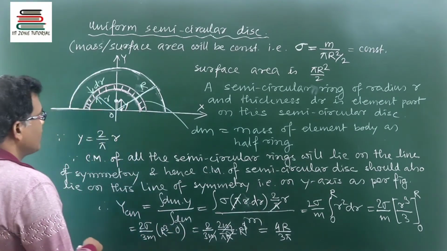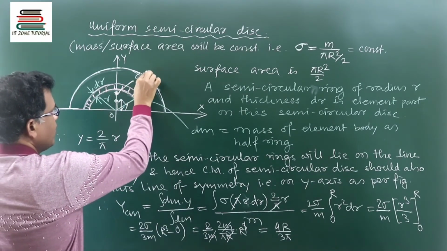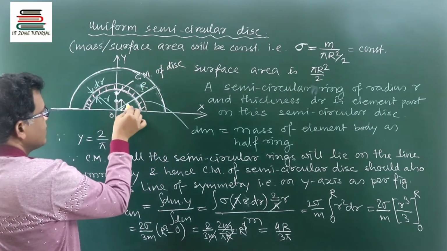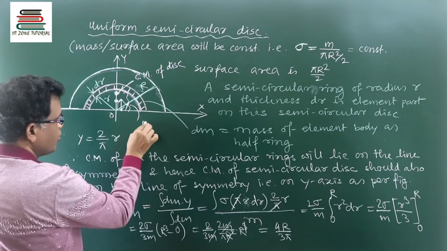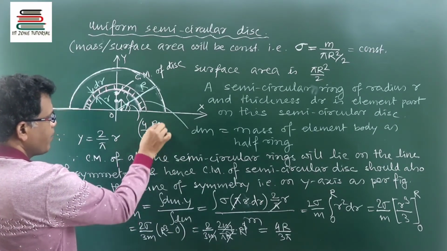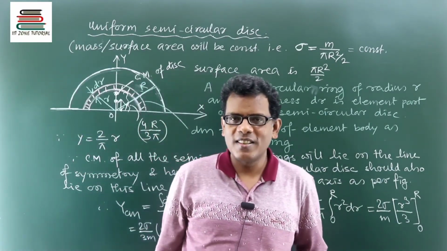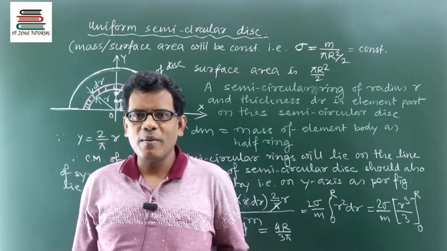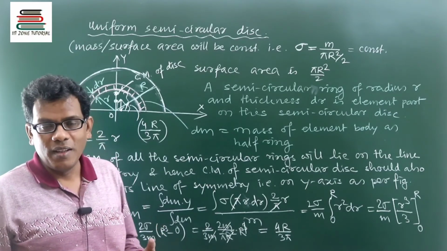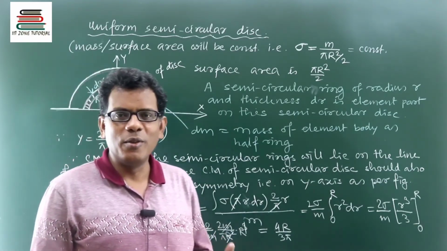So I can say the center of mass of the disc is here, such that this distance will be equal to 4R by 3 pi. This is the way we can locate the center of mass of the semicircular disc, which is a uniform two-dimensional body, where mass is distributed uniformly on every unit area.